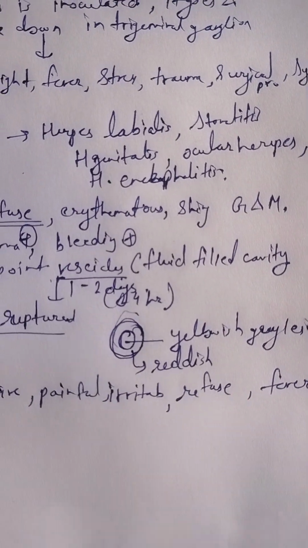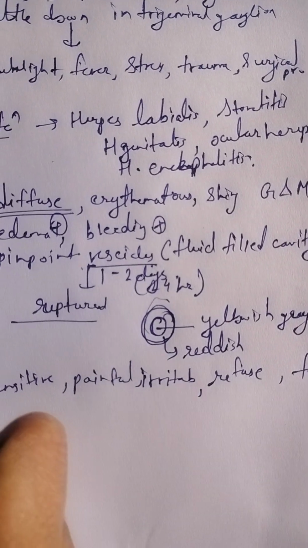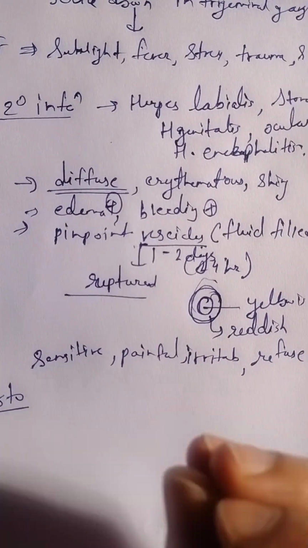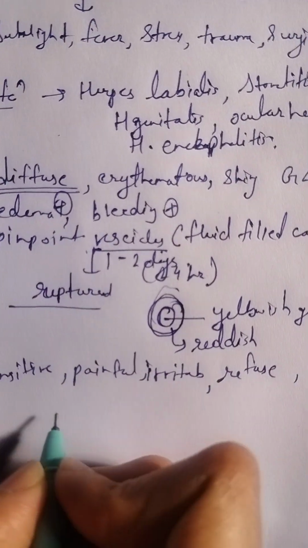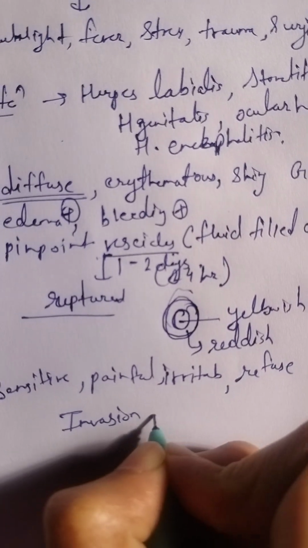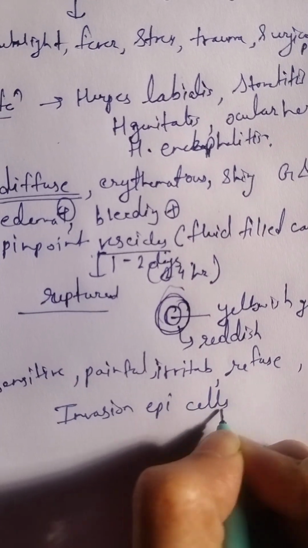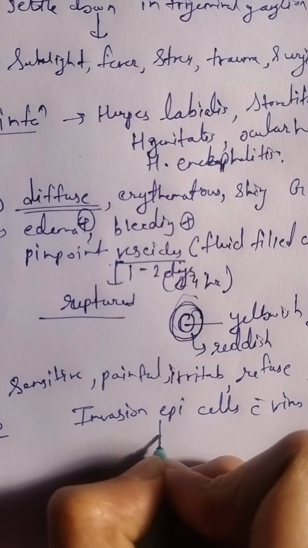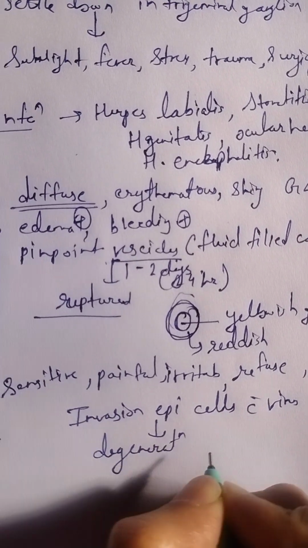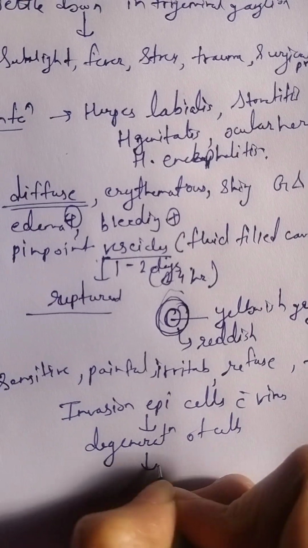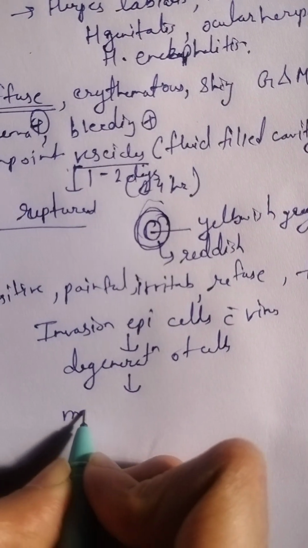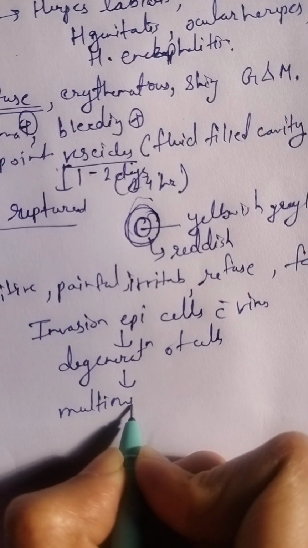So what are the histologic features of this? Histologically, there is an invasion of the epithelial cells with this virus. Then degeneration of the cells occurs. Cells combine to form multinucleated cells.